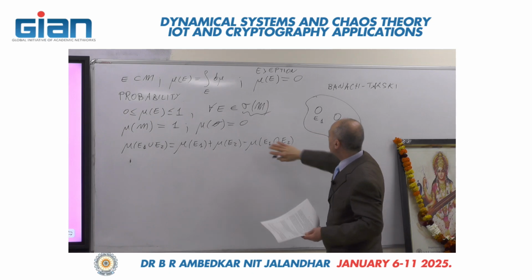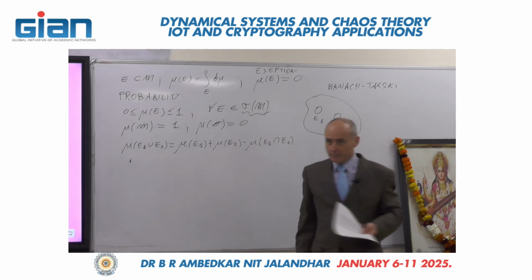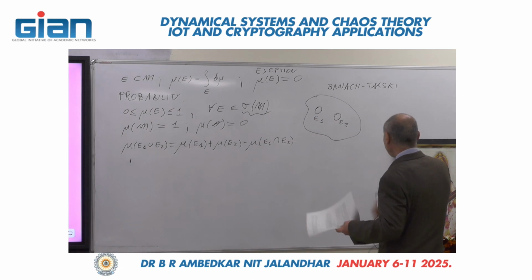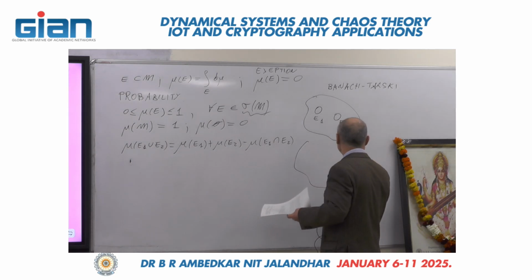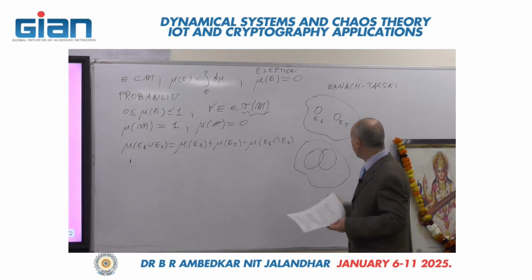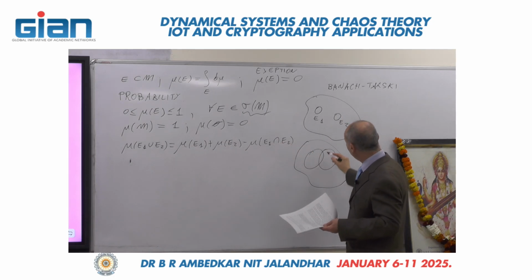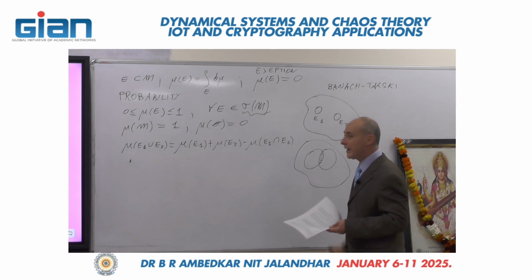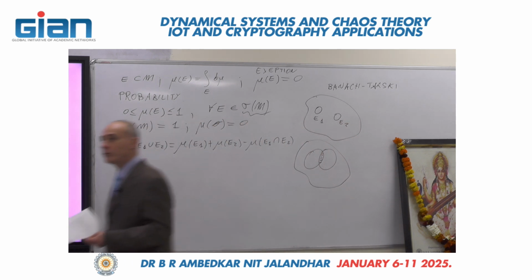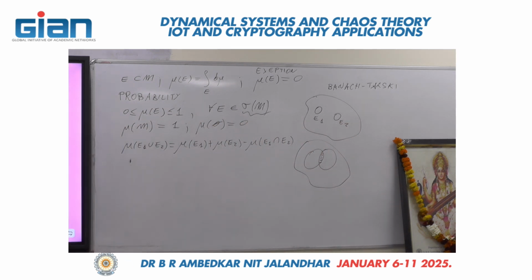In this case, the intersection is 0, and then you get the sum of the two. But if there is an intersection, then if you take the sum of the two, you count this twice. So you have to remove it once. Now this makes a probability.